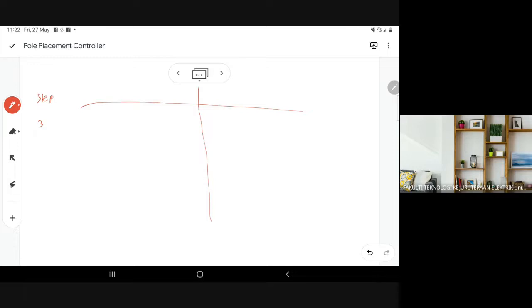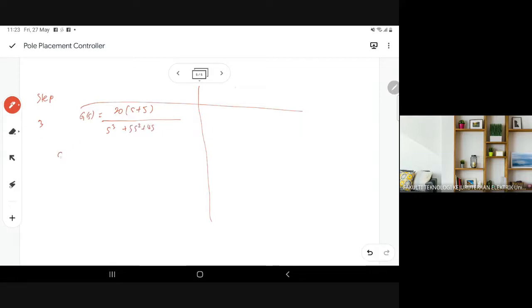Step number three. So we have the question G(s) equal to 20 over s(s plus 5)... the question, s cubed plus... 5s squared plus 4s.